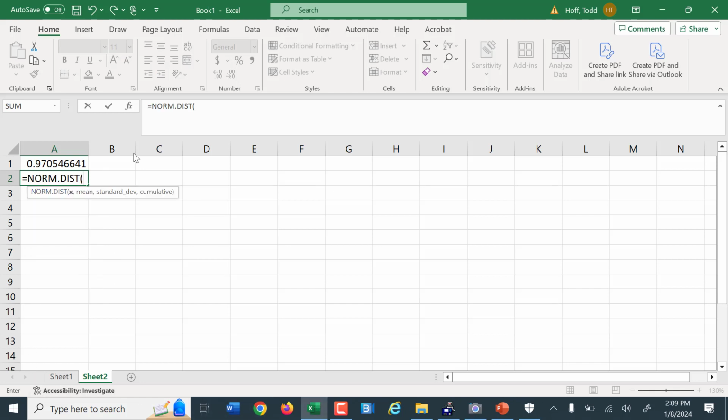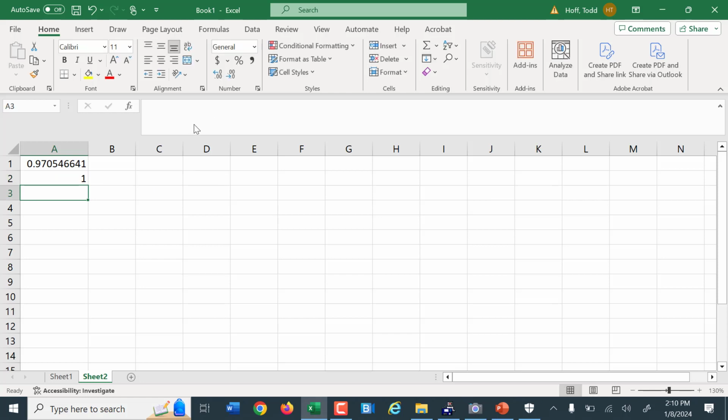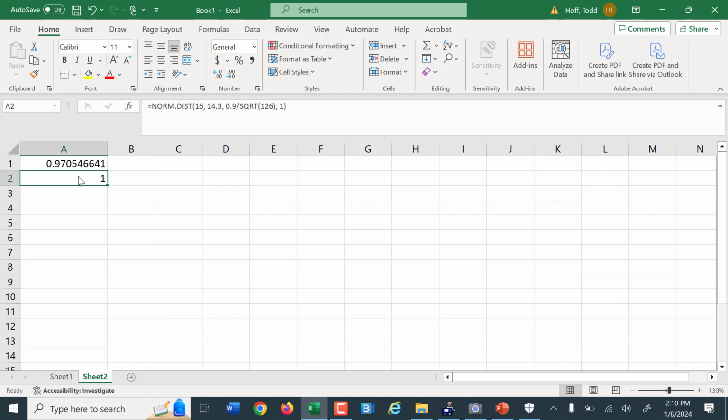The first time I enter this, I am going to do 0.9 divided by the square root of 126. I can put that formula right in there. I don't have to have it down to a single number. And I'll get 1. It's not exactly 1, it's like 0.9999999, but it's so close to 1 that Excel can't distinguish between them.